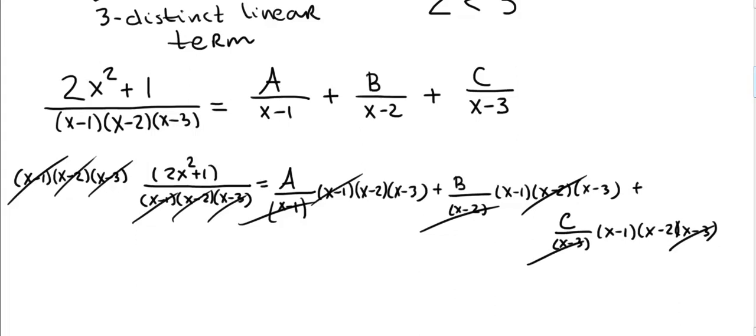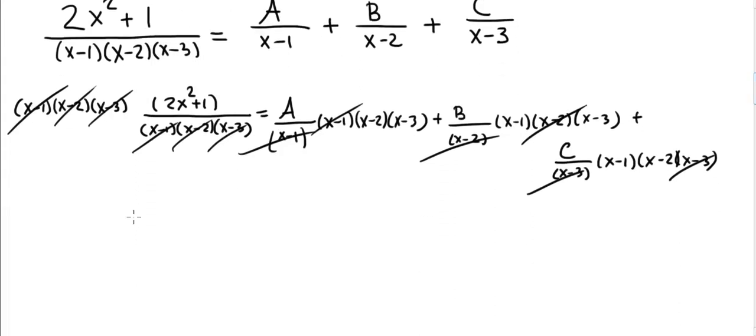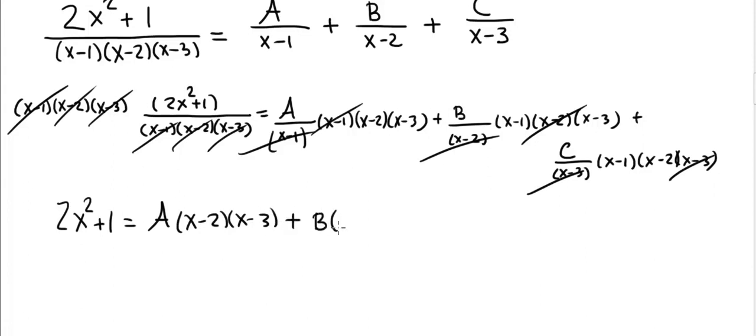Let's see what's left. On the left we have 2x squared plus 1, and on the right we have A times x minus 2, x minus 3, plus B times x minus 1 times x minus 3, plus C times x minus 1 times x minus 2.